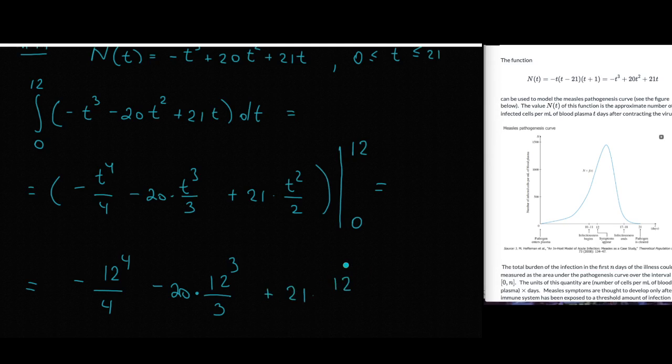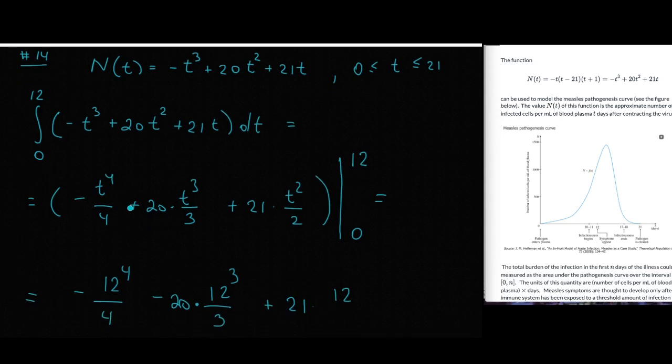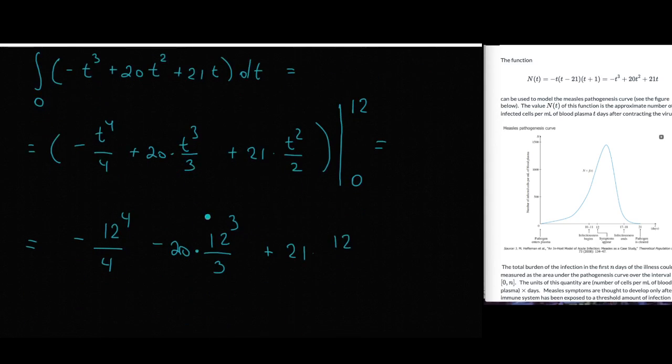I think I mistakenly put a negative sign for the square term in the function that we need to integrate. In the given function, there was a positive term, so I made a typo. Let me correct that. It should be positive. Correct the sign everywhere below as well, so it's actually plus right here. And then plus, finally, 21 multiplied by 12 squared divided by 2.